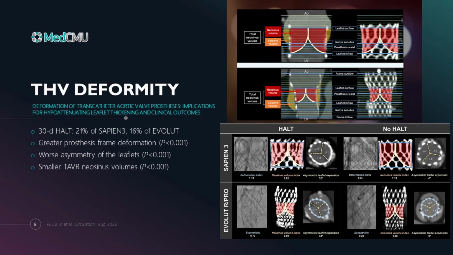Not only the expansion or the implantation depth, but it's also about the TAVR deformity. From this study, they studied the deformation of the valve and the occurrence of HALT. If the valve has greater prosthesis frame deformation, worse asymmetry of the leaflets, and smaller TAVR neo-sinus volume, all of these are factors in HALT formation.